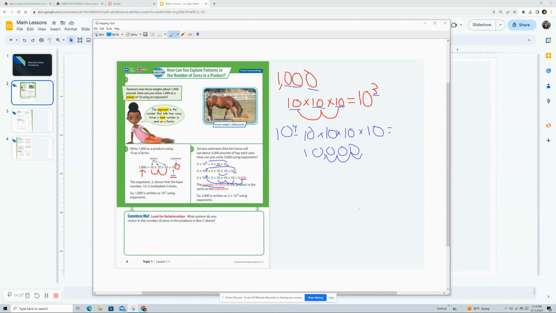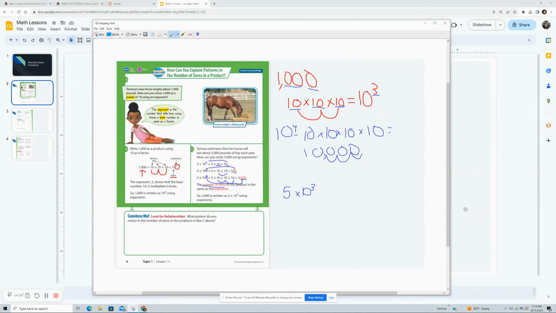So 5,000 is also written as 5 times 10 to the 3rd. Okay, so when we use exponents, it's just a simpler and shorter way to show multiplication by powers of 10.